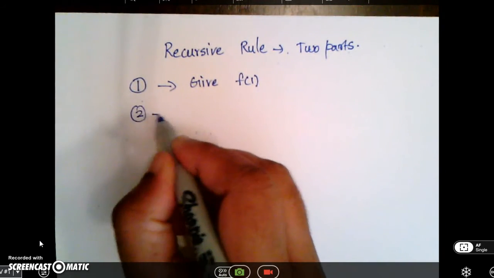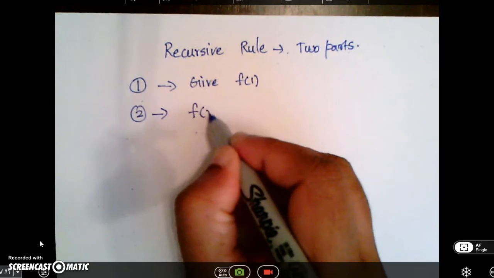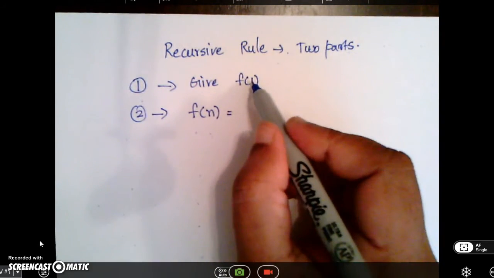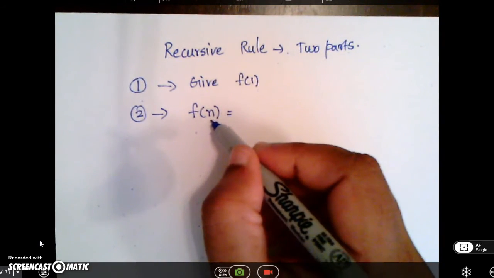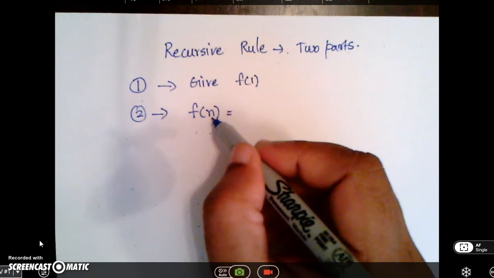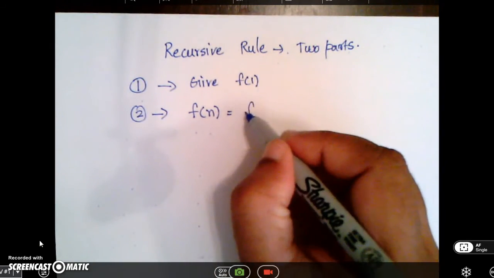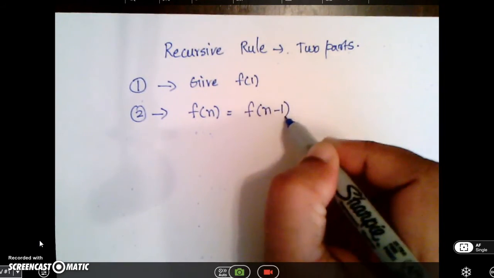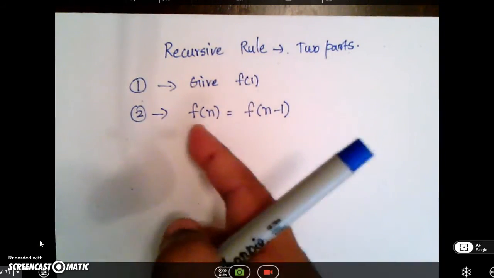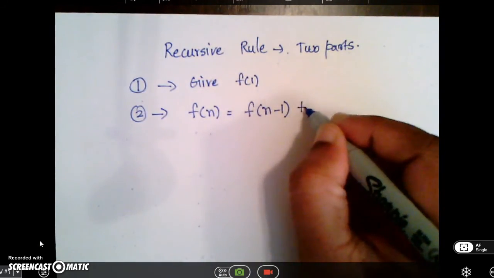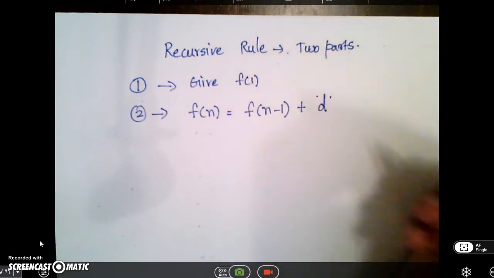And the second part is all other terms. My first term is given, so this is starting from term number 2. How will I get it? I'll use my previous term, the term 1 less than what it is, and I add my common difference d.